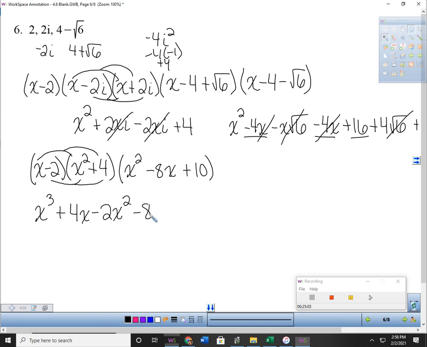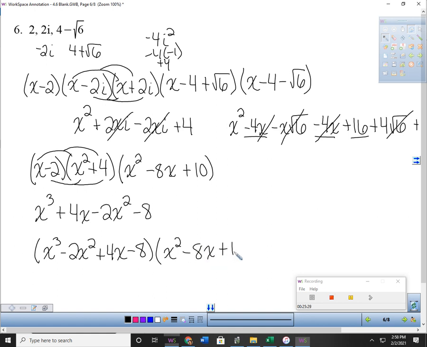I don't have any like terms here, right? So I'm just going to go ahead and put them in order. So I have x to the third minus 2x squared plus 4x minus 8. And I'm going to multiply that times the parenthesis at the back.